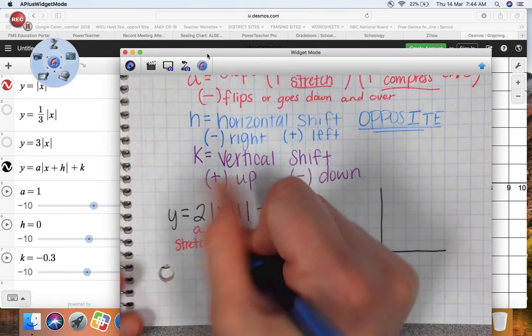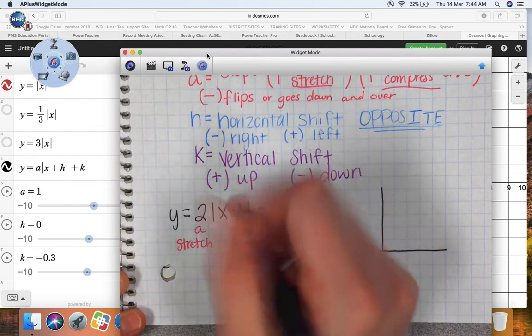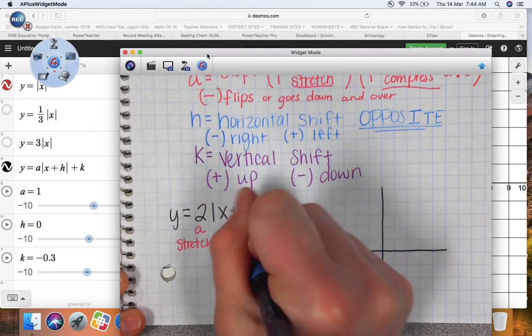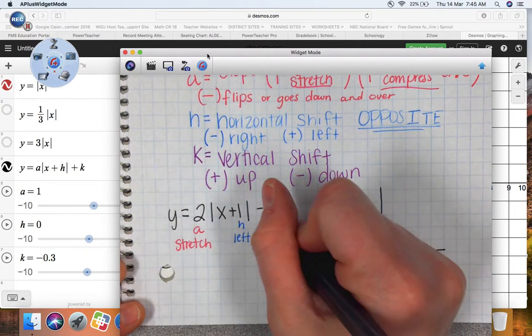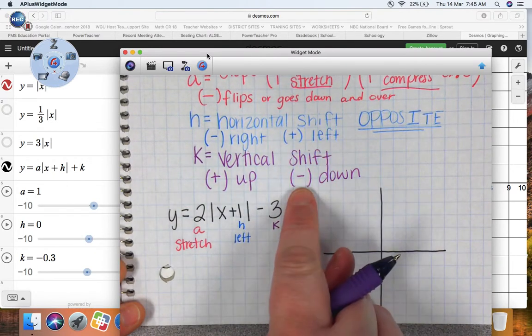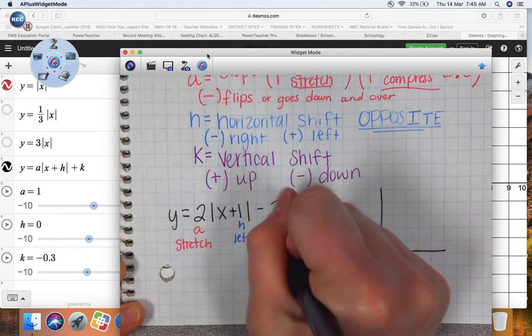The 1 is the h. Since it's a positive, it moves left. And then the 3 is the k. So since it is negative, it would move down.